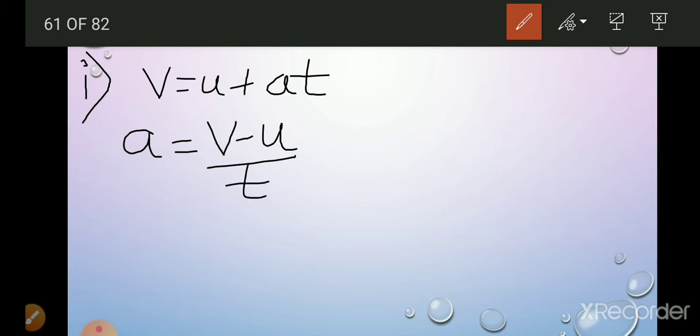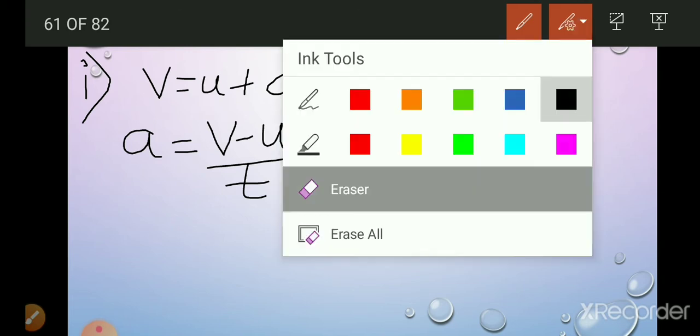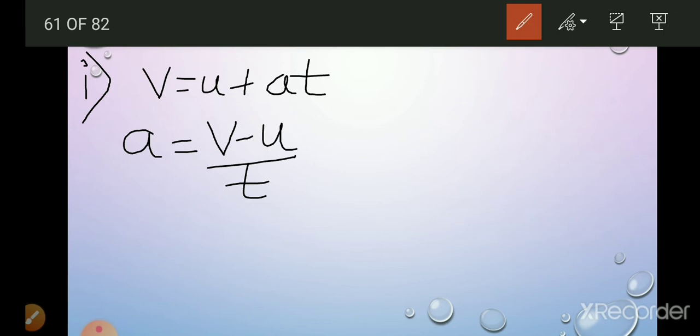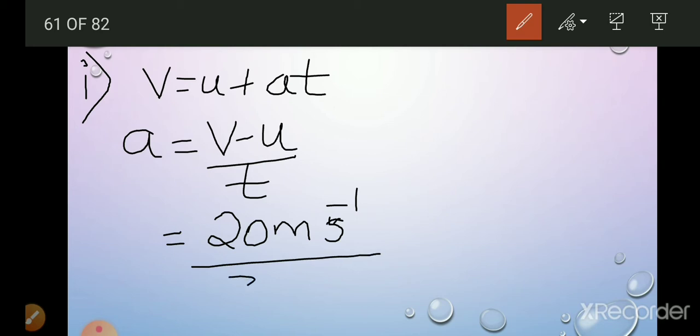If you substitute here, v is equal to 20 meter per second and u is equal to 0. So it is 20 minus 0, which is 20 meter per second, divided by time, which is given as 300 seconds.